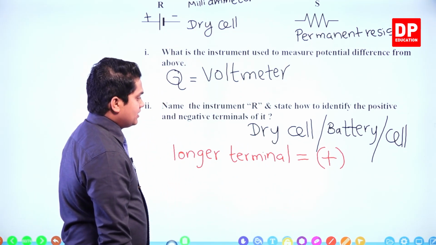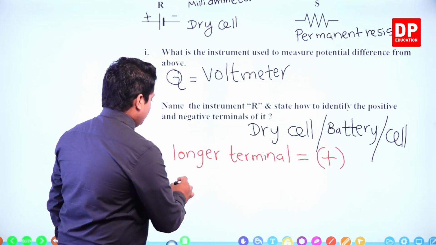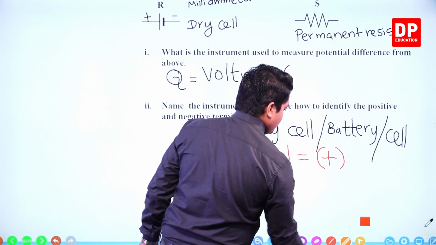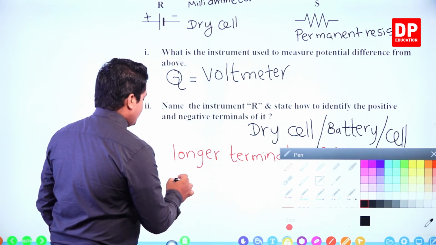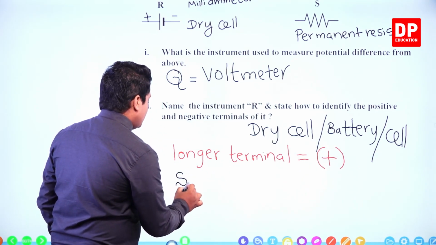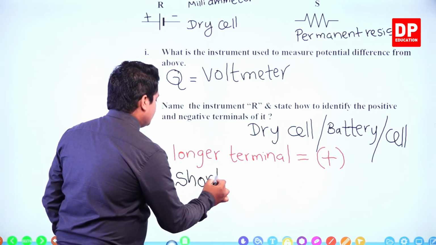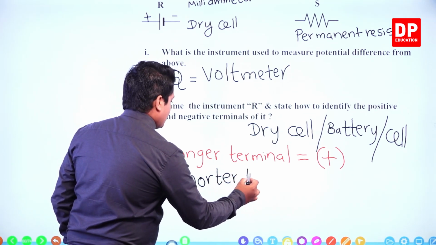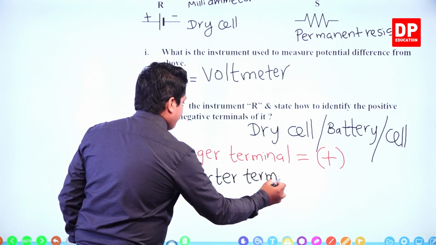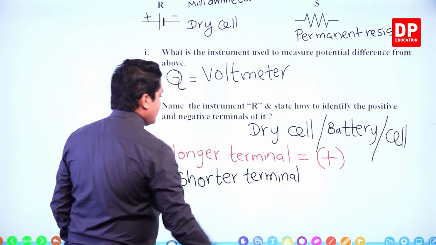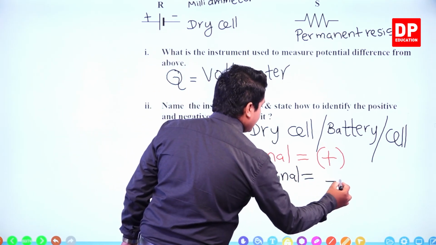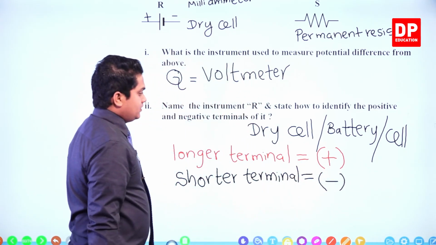Longer terminal is the positive terminal. Then I'll use the black color to show the shorter terminal, the negative terminal. Shorter terminal, that's the negative terminal.